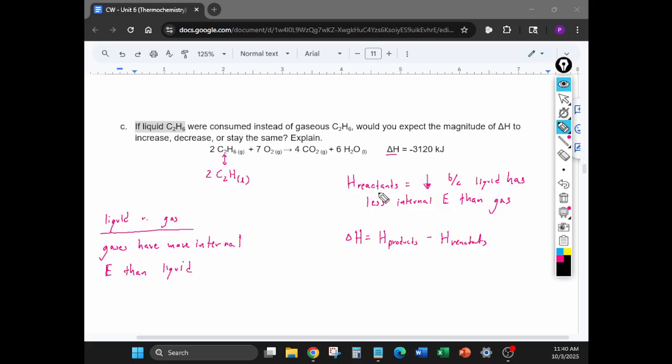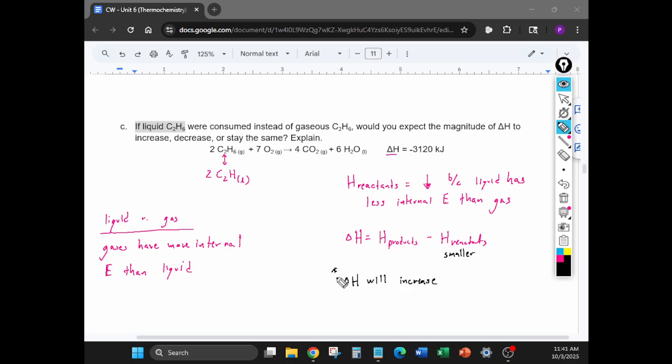So if we change the gas for a liquid, the H of the reactants is going to get smaller. So if this number gets smaller, what's going to happen to the delta H? Yeah, delta H is going to get greater. Okay, so delta H will increase.